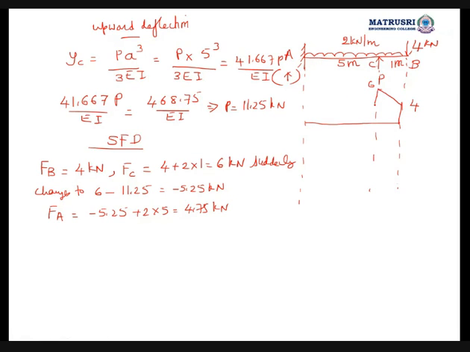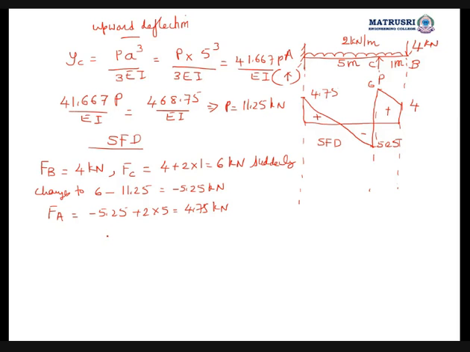So suddenly, that means same point, what I got here, 5.25, then 4.75 I got. So what is the loading in between these two? UDL. So UDL means what I'll get? Linear. Okay. So positive, negative, positive. This is your shear force diagram.